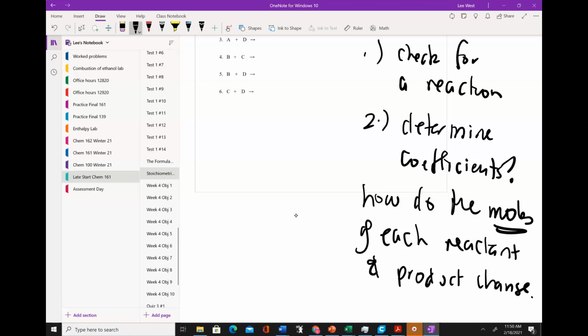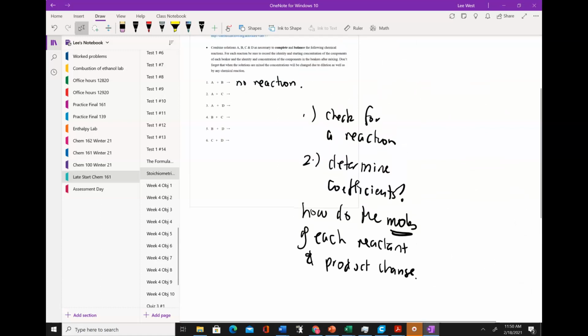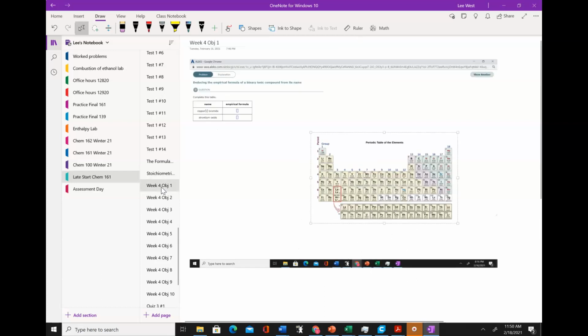And if you can figure that out, then it's pretty easy to get the coefficients. So that's all I'm really going to say about that. I go into greater detail in that specific video regarding the lab, so check that out if you need some more help there.